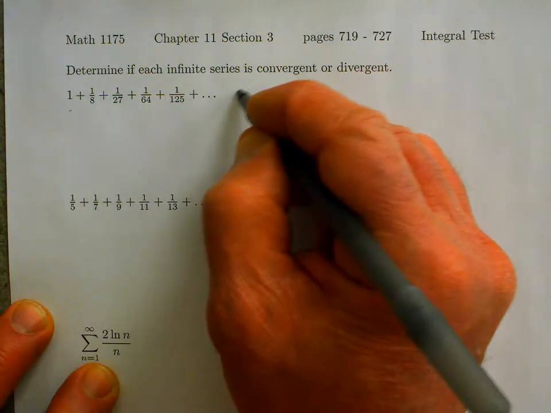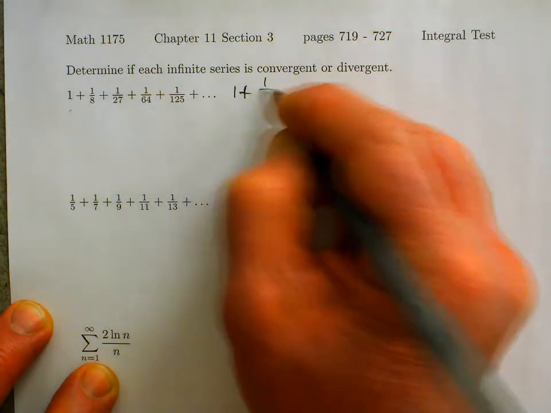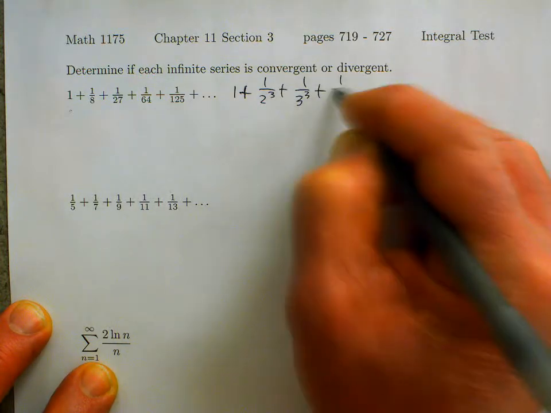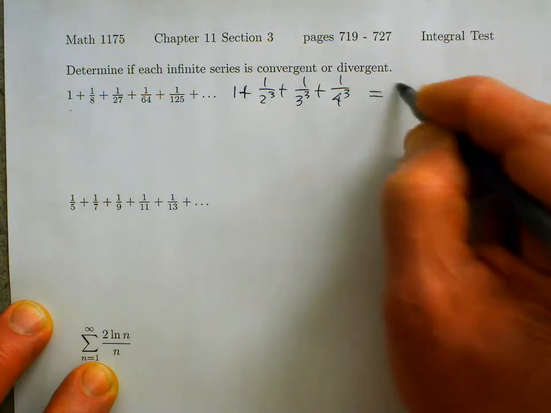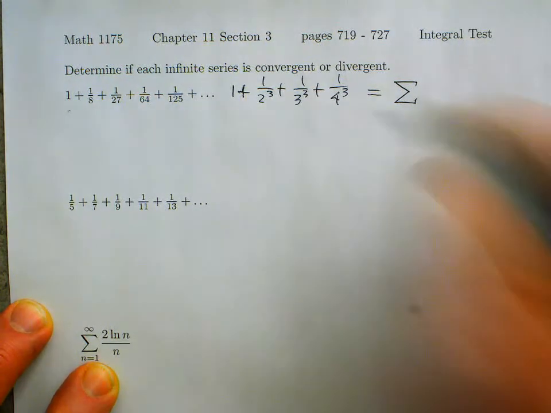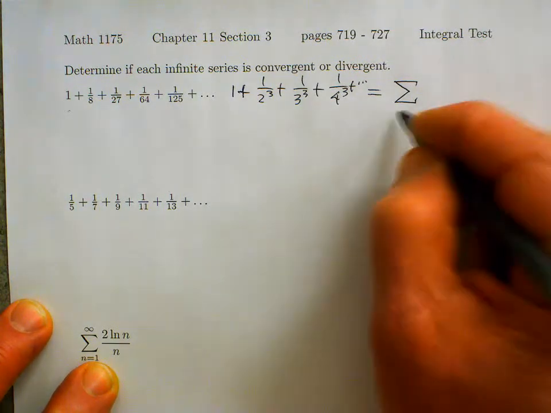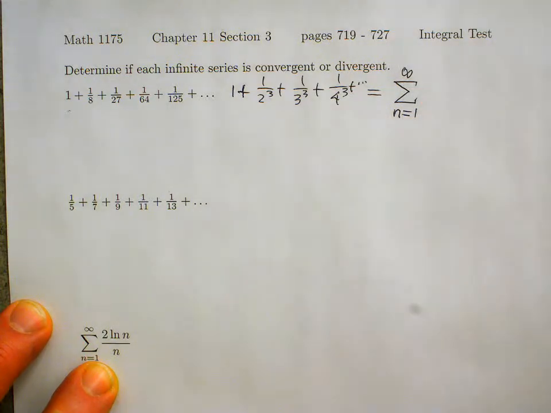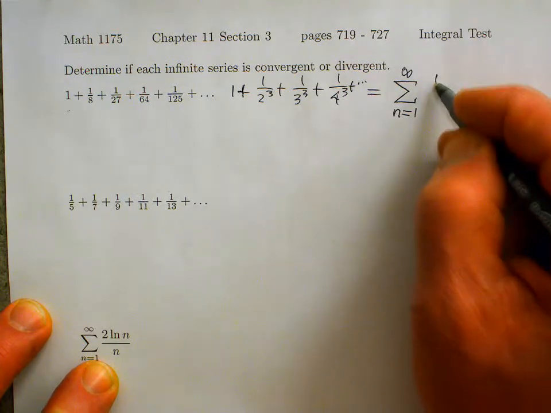But you can also note that this is 1 plus 1 over 2 to the third plus 1 over 3 to the third, and so on. So how would you define it as an infinite series? Well, if n starts at 1 and goes to infinity, then the individual terms are 1 over n to the third.